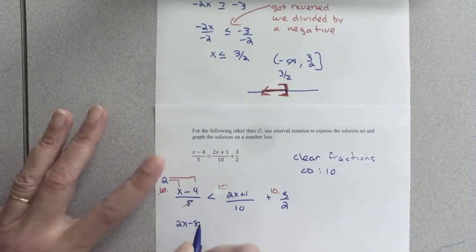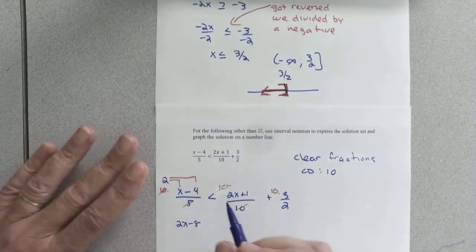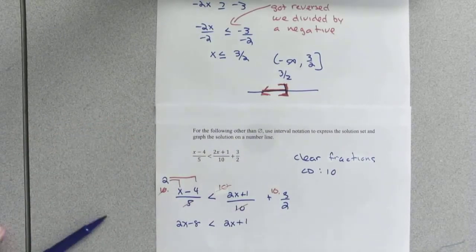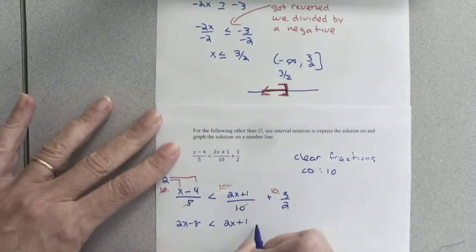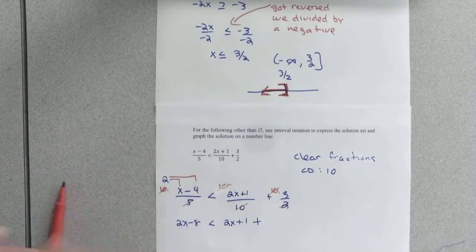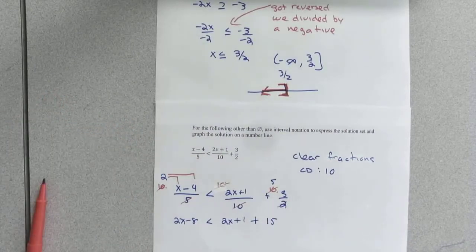So I'll get 2x minus 8. Over here, everybody cancels. So less than 2x plus 1. And on the last one, the 2 and the 10 cancel, leaving 5. Distribute. And I get 15.